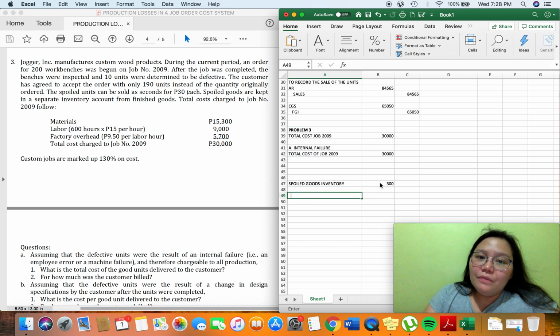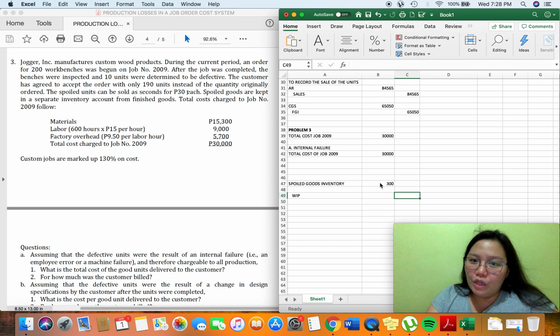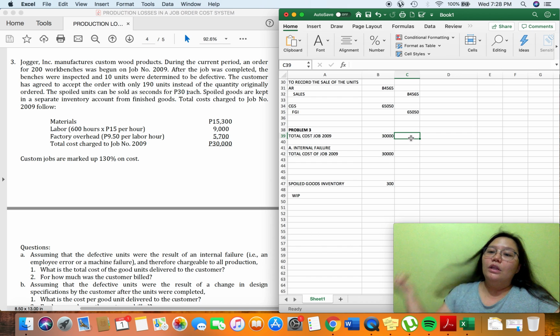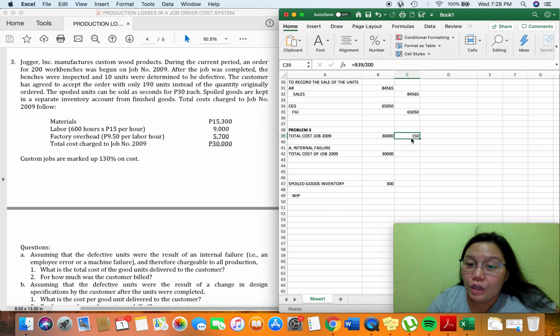Okay? Now, since it is the company's fault, diba, we have to remove from the work in process inventory account of job 2009 the total cost of the spoiled goods, 'di ba? So sige, to compute for the total cost, for the cost per unit pala muna. We have to compute for the cost per unit of each workbench, 'di ba? So we have total cost which is 30,000 divided by 200 workbenches, we get 150, 'di ba?